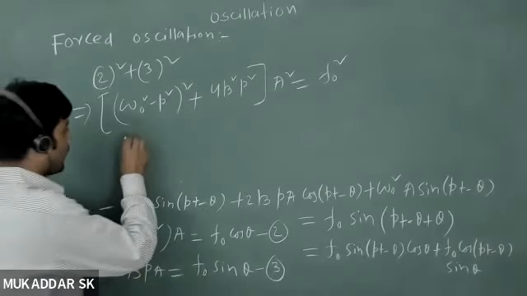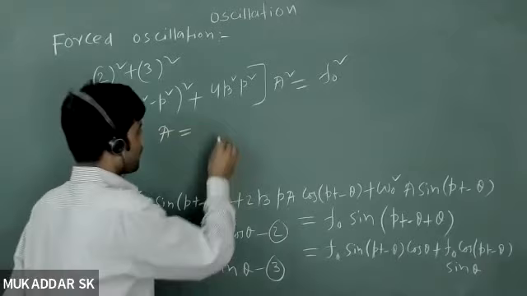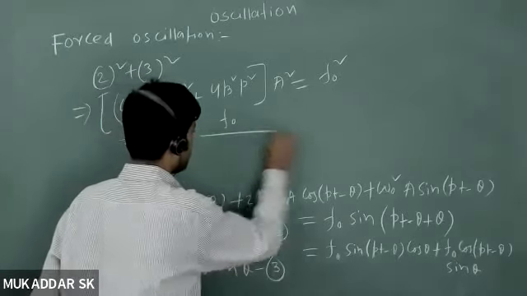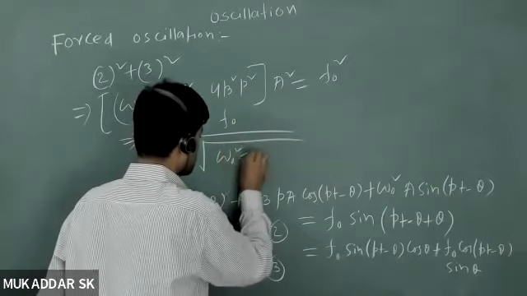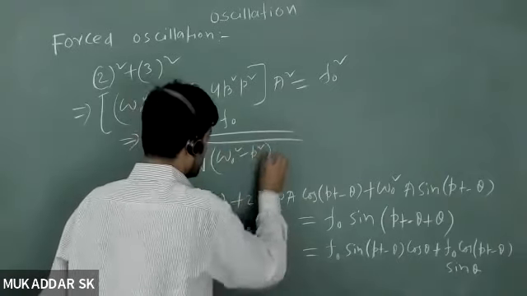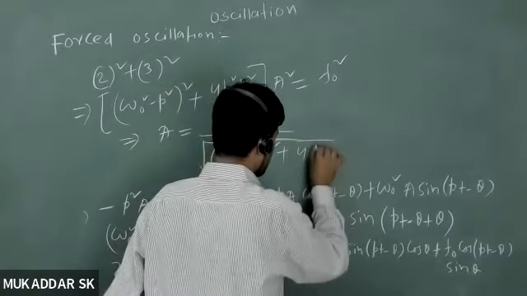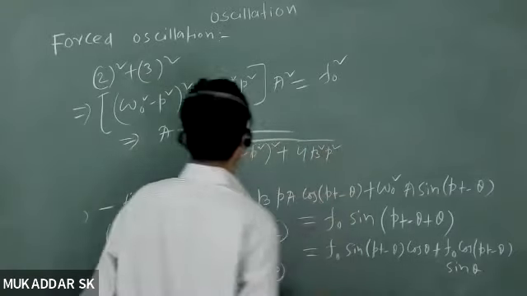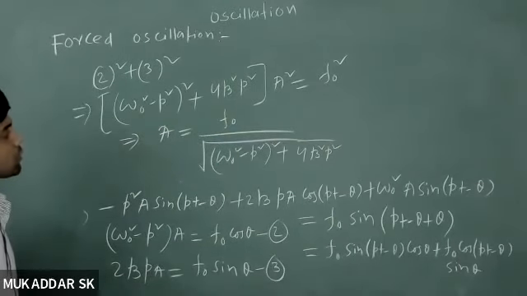So it means I can write the amplitude will be simply f naught divided by square root of (omega naught square minus p square) whole square plus 4 beta square p square. What I have done? Just I have taken square root on both sides.